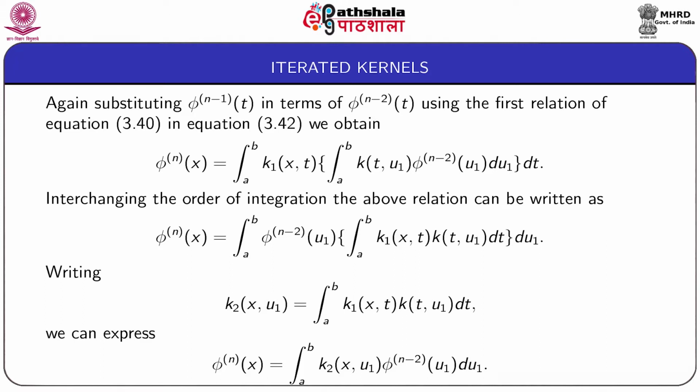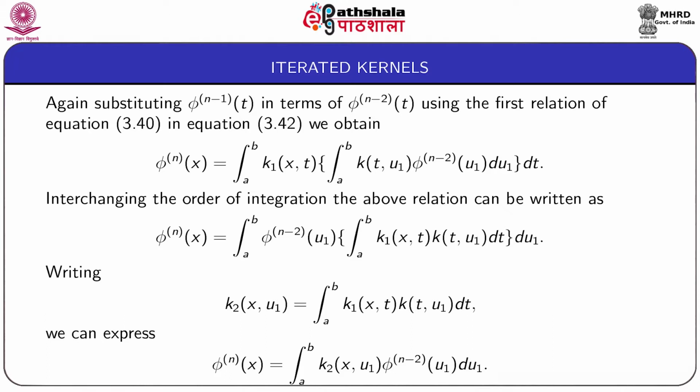Now, here we interchange the order of integration to get phi superscript n (x) as a double integral, where the outer integral is the u1 integral, which is integral a to b phi superscript n minus 2 (u1) du1, and the inner integral is the t integral, which is integral a to b K1(x,t) K(t,u1) dt.